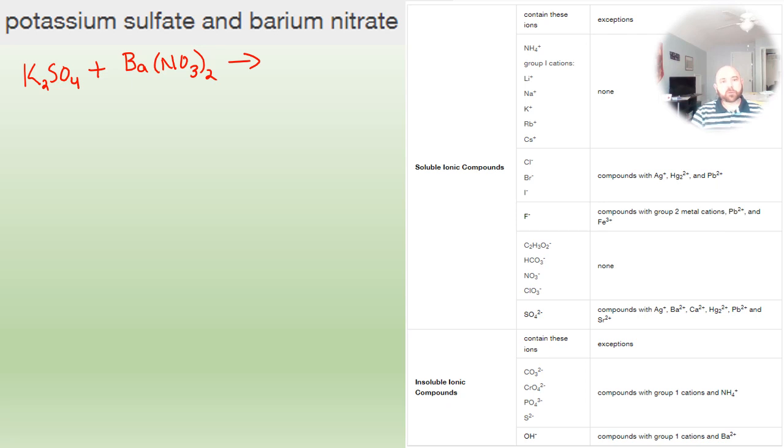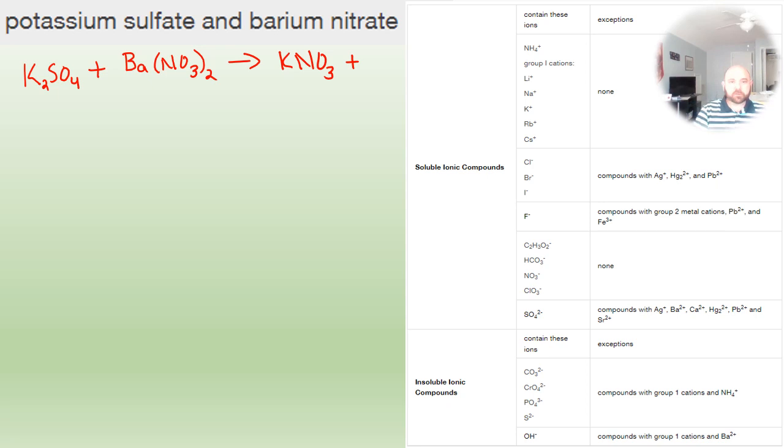If we assume that it reacts in the way that a double replacement reaction takes place, then we will have potassium bonding with the nitrate and barium bonding with the sulfate. Potassium and nitrate are 1+ and 1- ions, so the resulting formula should be KNO3.